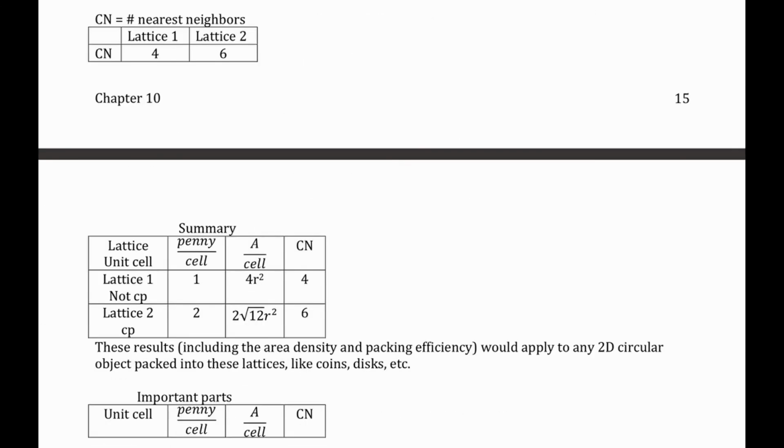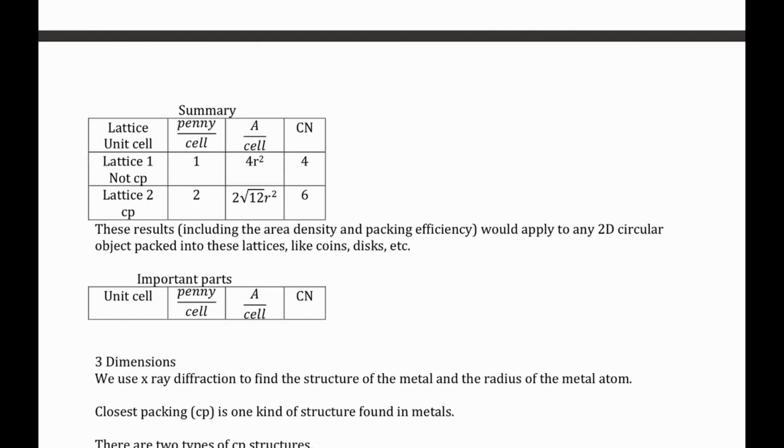All right, so a summary. For lattice 1, pennies per cell, we have 1. For lattice 2, we have 2. The area per cell comes out to be 4r squared for lattice 1, whereas for lattice 2, it comes out to be 2 square root 12 times r squared.